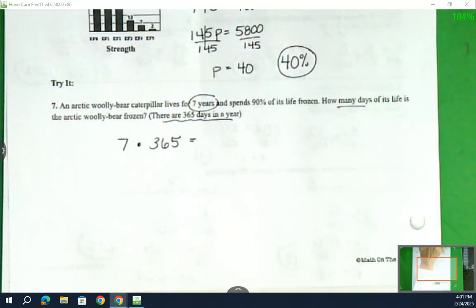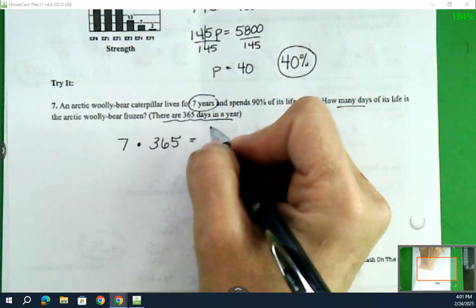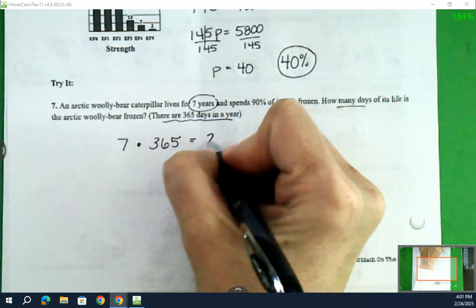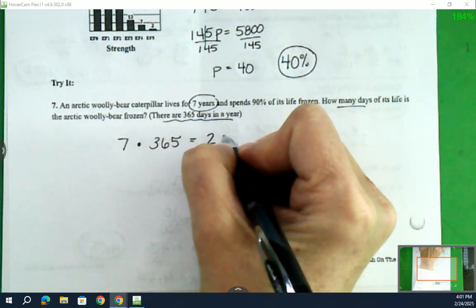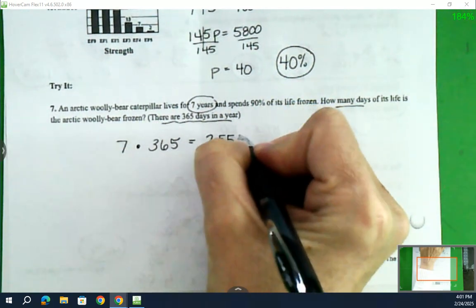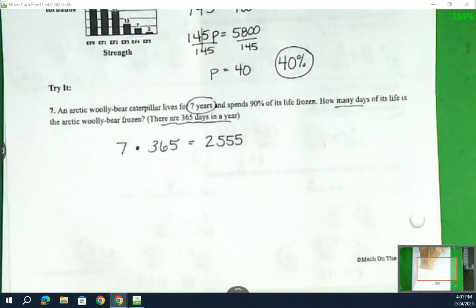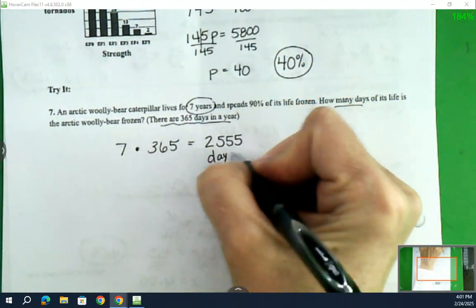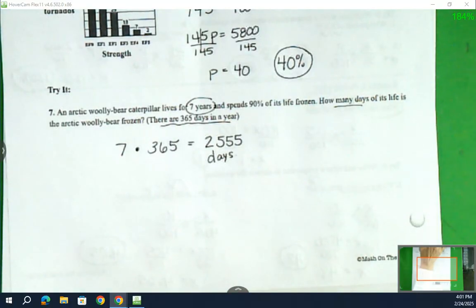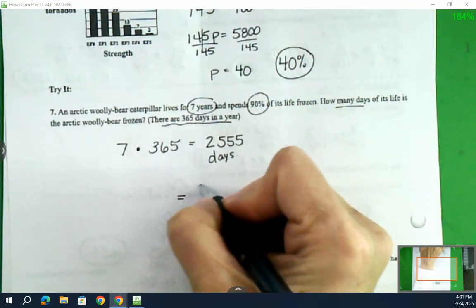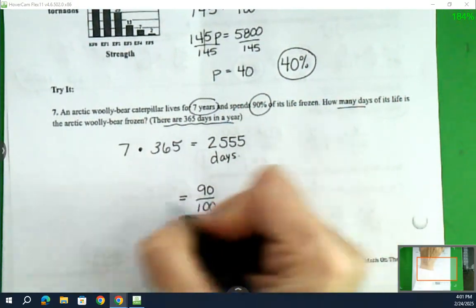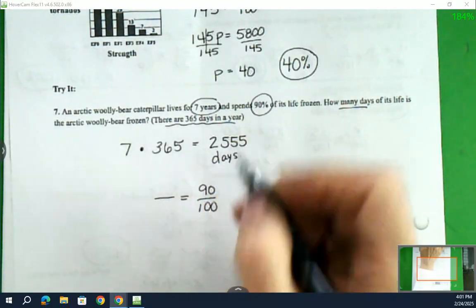So 7 times 365. And it looks like that works out to be 2,555 days. So now that we have the total of days, we are told that 90% of its life is frozen. So we want to know 90% of this amount.